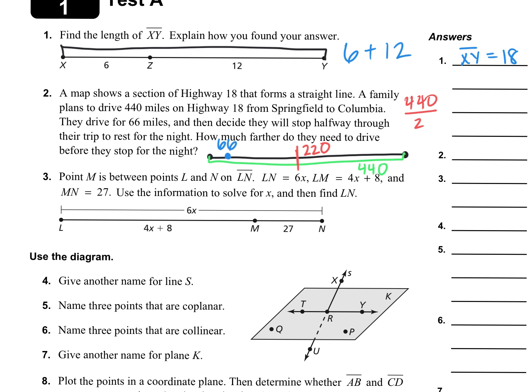How much further do I need to get until I rest? How would I figure that out? Subtract 66 from 220. Good, I'm just going to subtract. So 220 minus 66, what would my answer be? If I subtracted correctly.